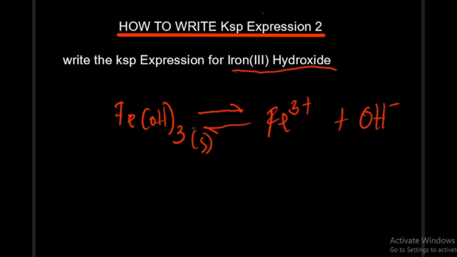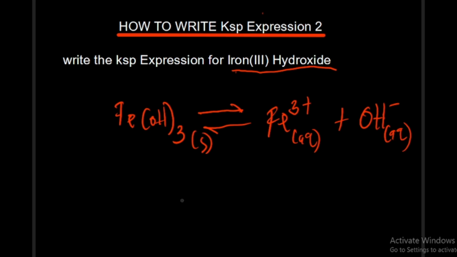Remember, Fe(OH)3 is a solid, while the Fe3+ ion is aqueous, and the OH minus, the hydroxide, is aqueous. Next, what to do now is to balance the reaction.